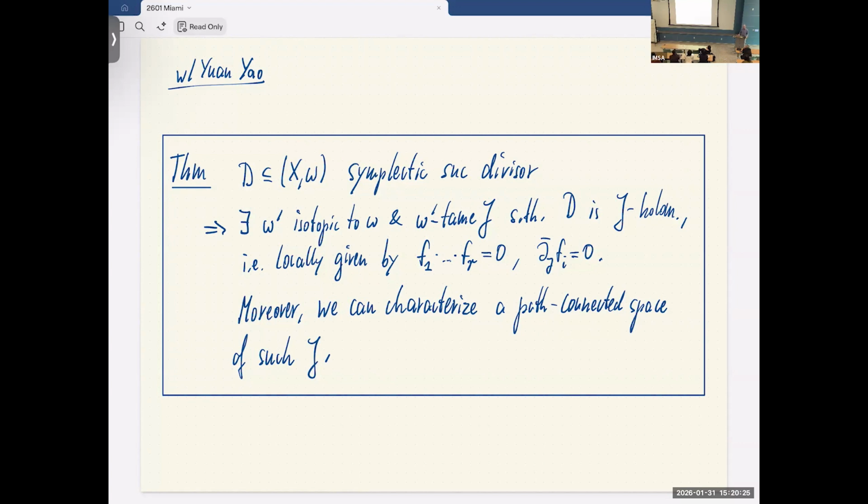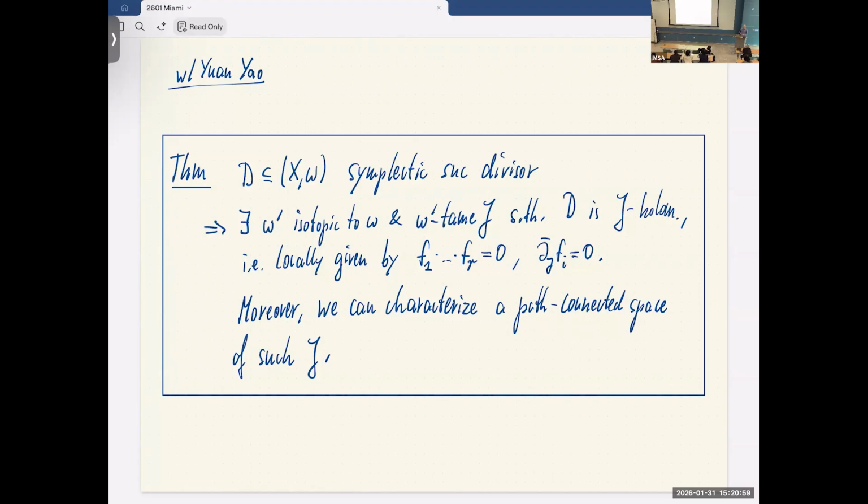Then after a perturbation of your symplectic structure, keeping the cohomology class, there exists an omega prime tame almost complex structure J such that D is actually J-holomorphic. That might confuse people: I do mean not just that it's an almost complex submanifold, but that it is locally given by the zero locus of J-holomorphic functions.